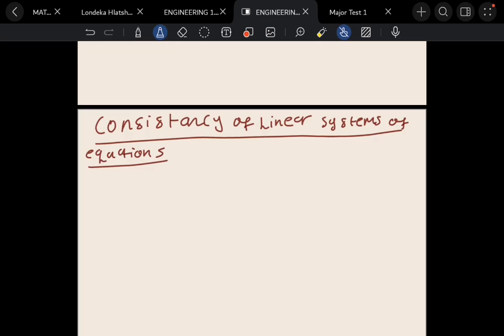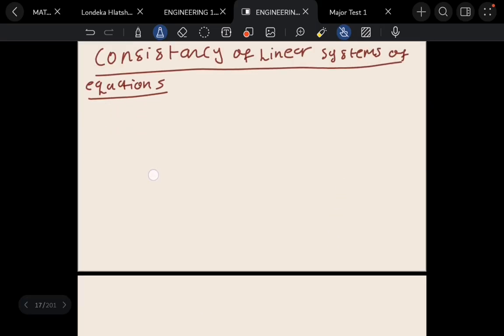Now, what is the consistency of linear systems of equations? This tells us what type of solutions we have, right? First, we are going to look at the unique set of solutions.